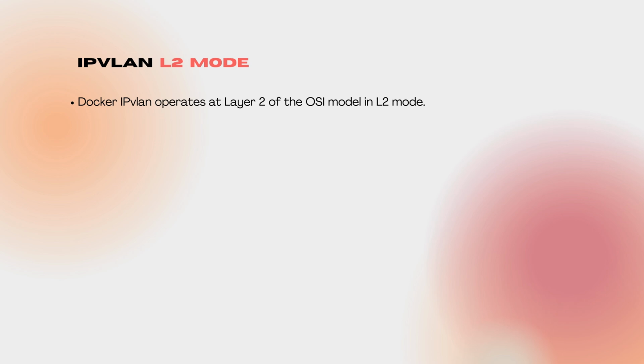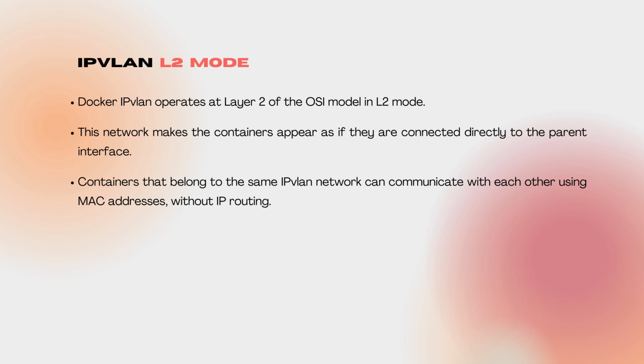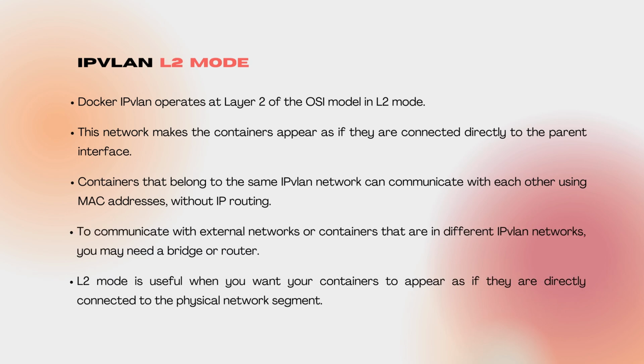This makes the containers appear as if they are connected directly to the parent interface. Containers that belong to the same IPvlan network can communicate with each other using MAC addresses without IP routing. To communicate with external networks or containers that are in different IPvlan networks, you may need a bridge or router. Layer 2 mode is useful when you want your containers to appear as if they are directly connected to the physical network segment.